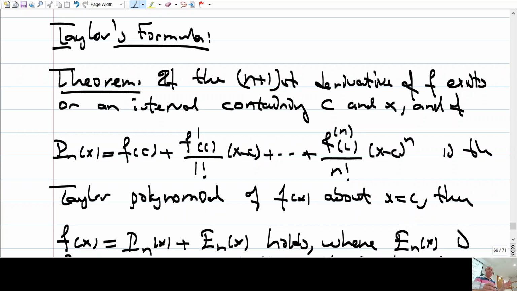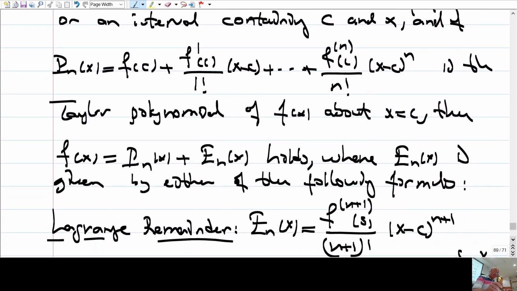And I want to show that actually the function is equal to this Taylor polynomial when n goes to infinity, so the whole Taylor series. To show that, since I am given this by the theorem, I want to show that as n goes to infinity, Pn of x is equal to f of x. That's the same thing as saying that En of x goes to 0.